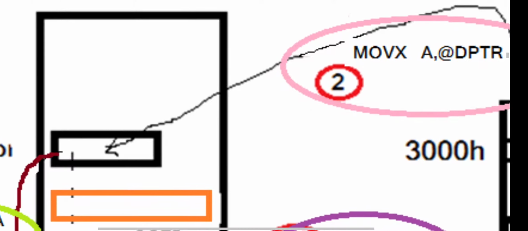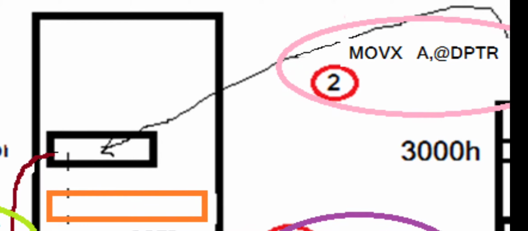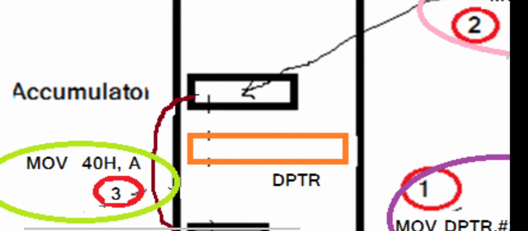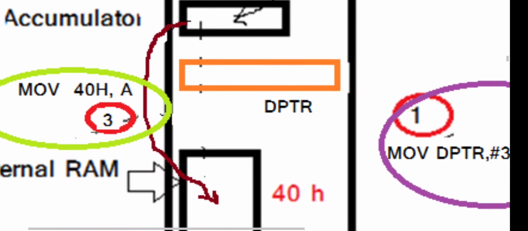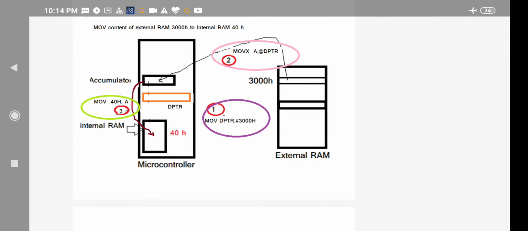What is the content of DPTR? Content of DPTR is 3000. So the content of 3000 will be copied into A. So whatever is in the 3000 will be copied into A in the second stage. When the second stage is completed, we have data in the accumulator. And in third instruction, we can copy that data into 40H. So our task is completed, right? Okay.